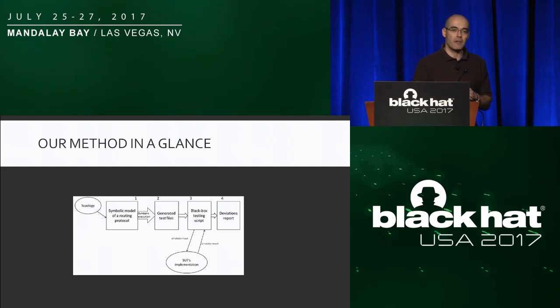So here's our method at a glance. Afterwards, I will dig into each of these steps. First, we need to construct a network model that captures the standard functionality of the network protocol. Then we apply symbolic execution on this model. The symbolic execution will produce a set of tests that cover the entire functionality of the model.